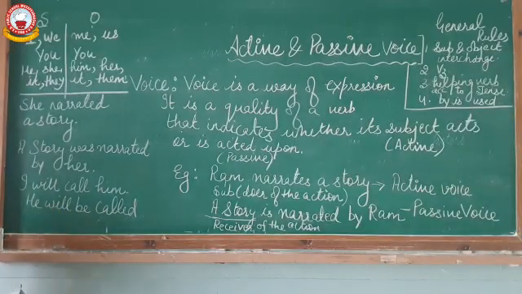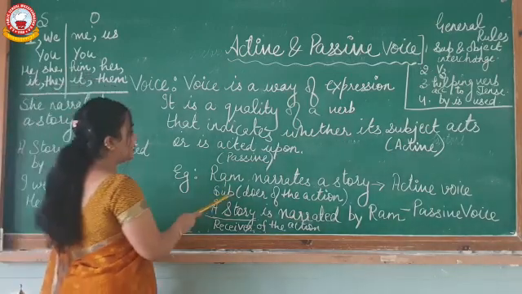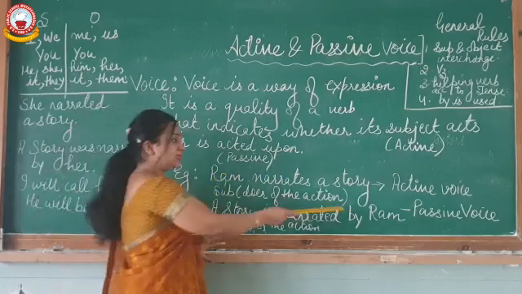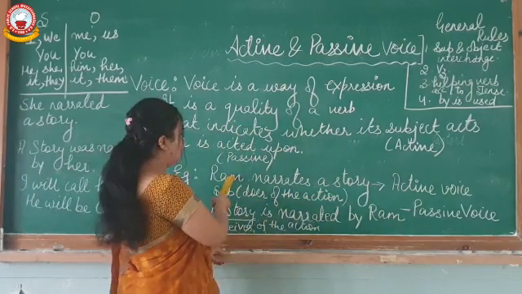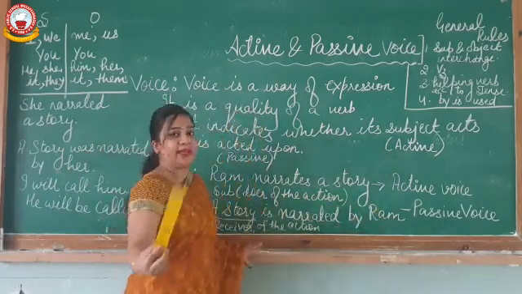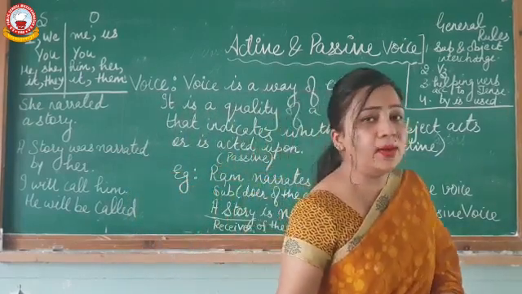Now one more thing I want to discuss here, students. You can see the very first sentence that our subject is noun. So when I have converted into passive form, Ram remains Ram only. I cannot change it to Sita or Nina because obviously we cannot change Ram as a subject to any other thing. And you all know it very well that a subject can either be a noun or it can be a pronoun.